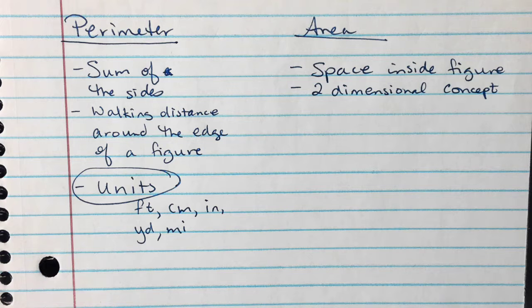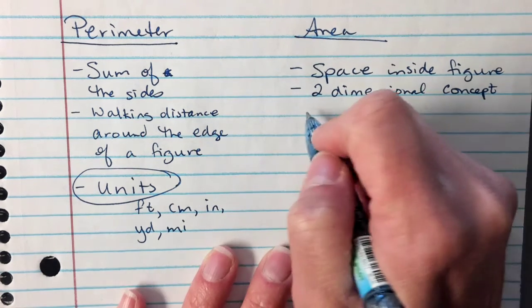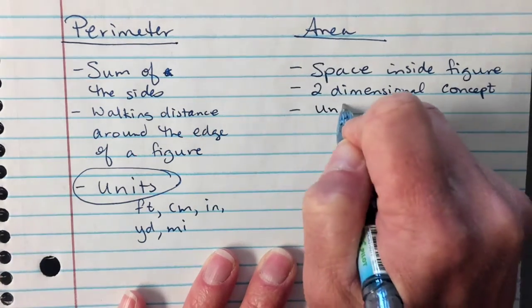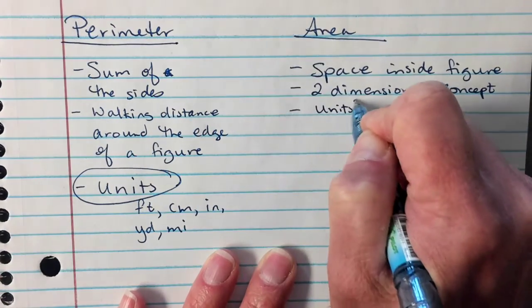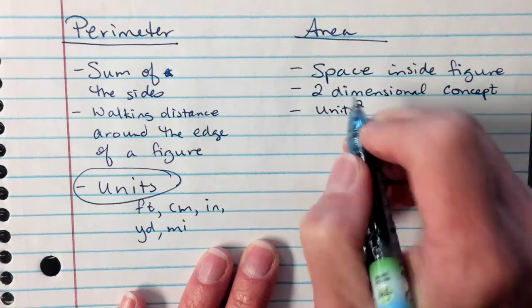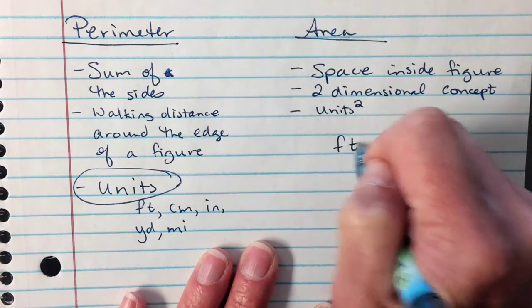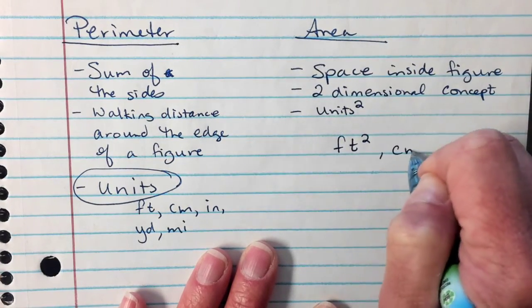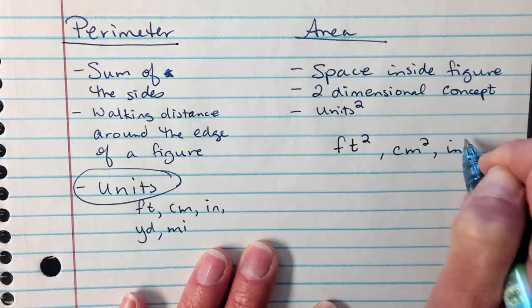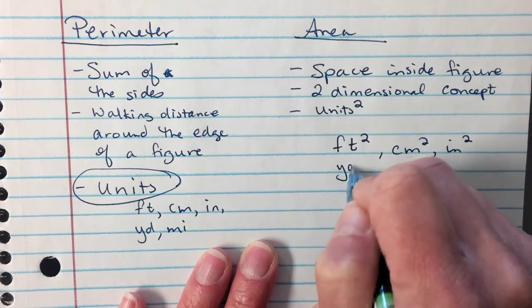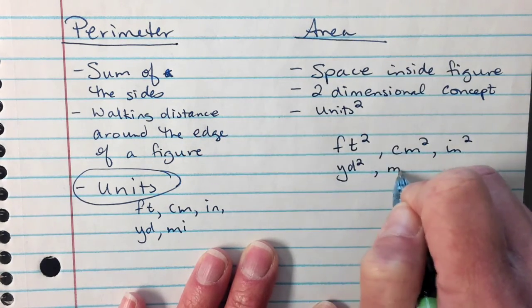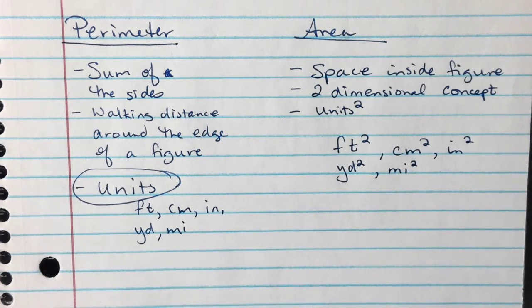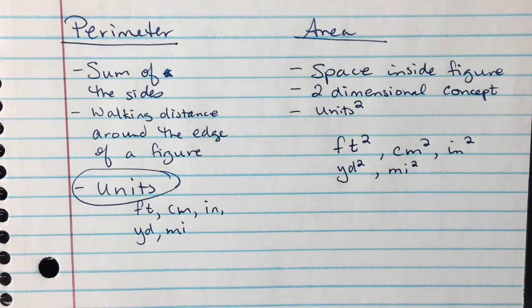That's the concept and the difference between area and perimeter. So area is going to be units squared. So feet squared, centimeters squared, inches squared, yards squared, miles squared, whatever else we think of, squared.